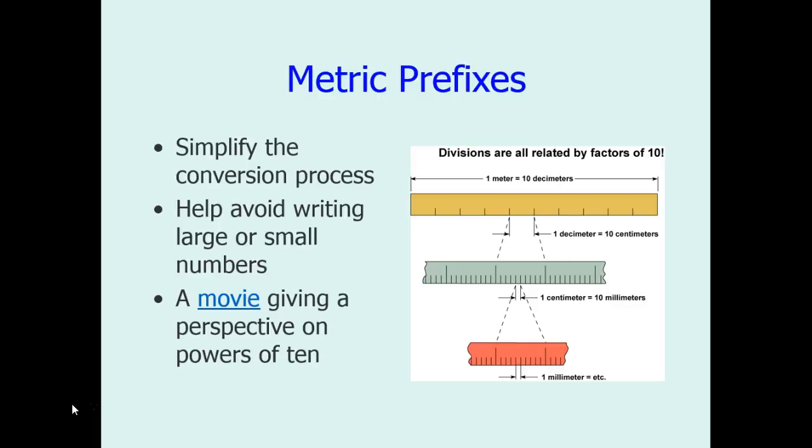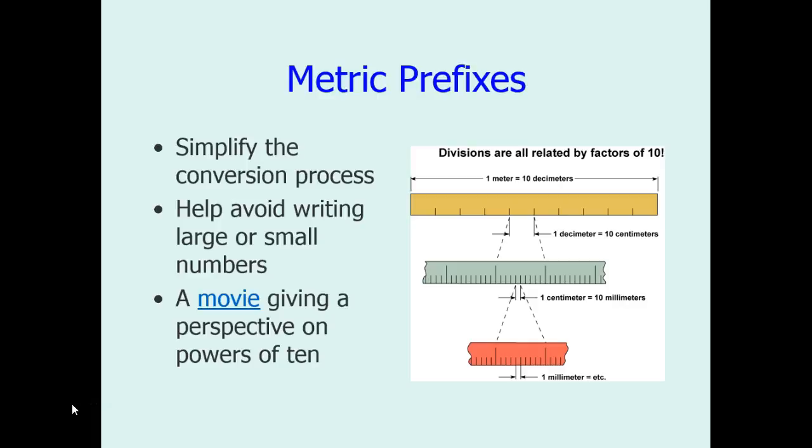Now, what's the advantage of having all these prefixes? If we were talking millimeters, thousandths of a meter, writing that in meters would have to be 0.001 meters. That's a lot of decimal numbers. If we were talking kilometers, like the distance from here to Tuscaloosa would probably be about 100 kilometers, I'm guessing.